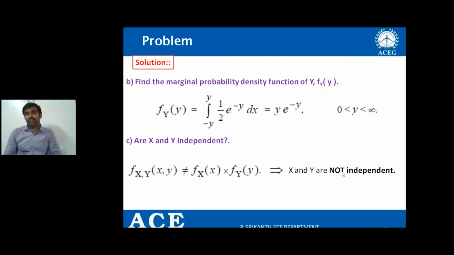Finally, right? So now, in this session, we have discussed conditional distribution and conditional density functions, right? And the conditioning is done by point conditioning and interval conditioning.